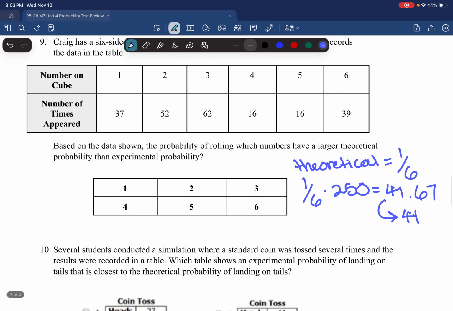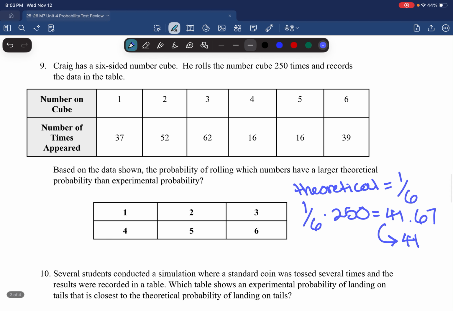So which ones are less than 41? So this one, this one, this one, and this one. So 1, 4, 5, and 6 are all less than 41.